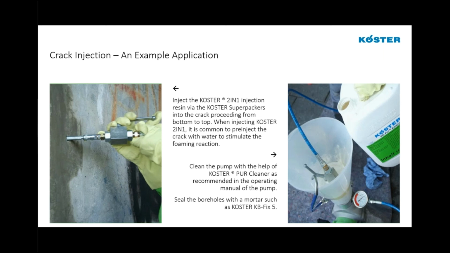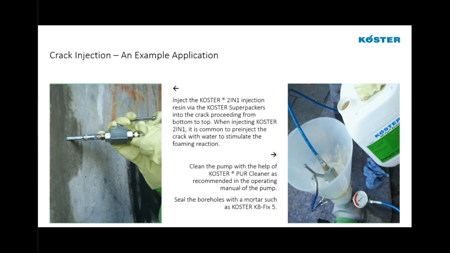Certain other solvents are used; primarily we see acetone is one of the more commonly used cleaning agents. This can be very harsh on the seals and the wear parts of the pump. Also, acetone has a lower flash point than the Pure Cleaner, so it may be that there's unreacted material bound in the acetone, and if that acetone does flash off, that unreacted material may still be left in the pump to react and cause issues.